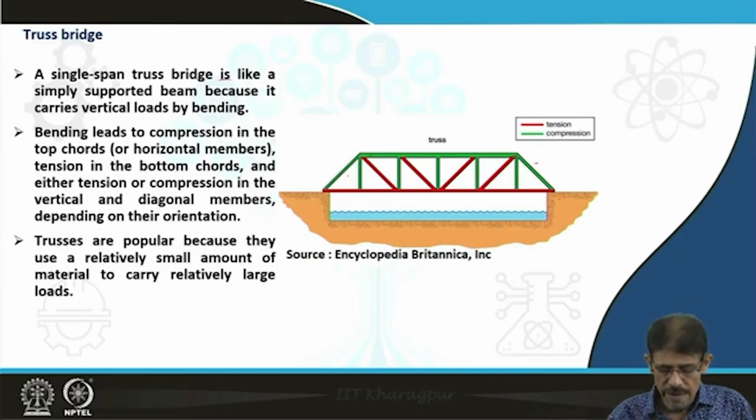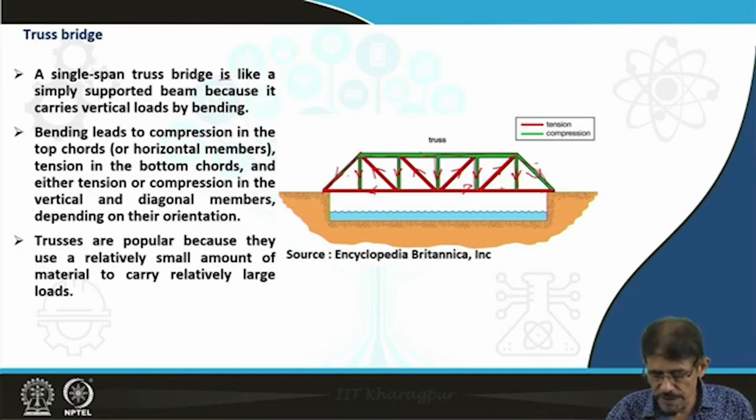The bending leads to compression in the top chord. Here the top side, vertical as well as horizontal, is under compression, and the cross members are under tension along with this beam, which is held by this vertical member under compression, and this part also under compression.